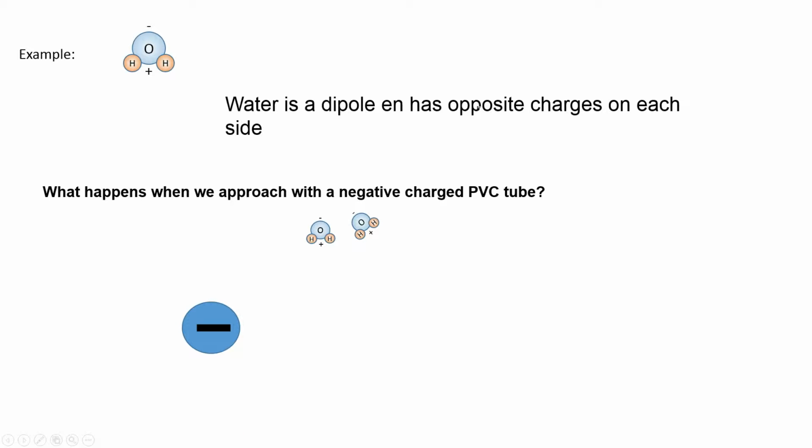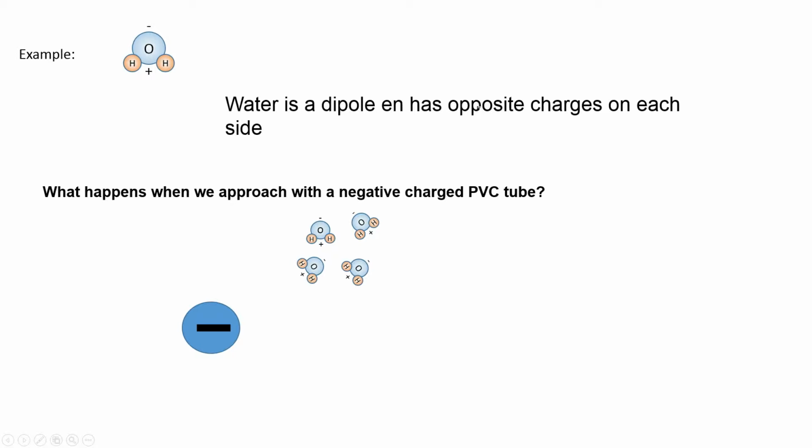Well, here are the water molecules coming down, and they're at random. But the positive side is attracted by the negative, and the negative is repelled by the negatively charged tube. So they turn around like this. Now the positive side is slightly closer to the negative tube compared to the negative side.